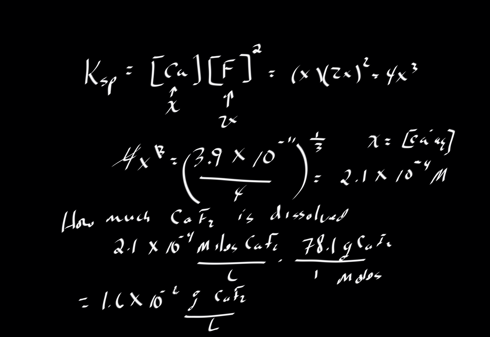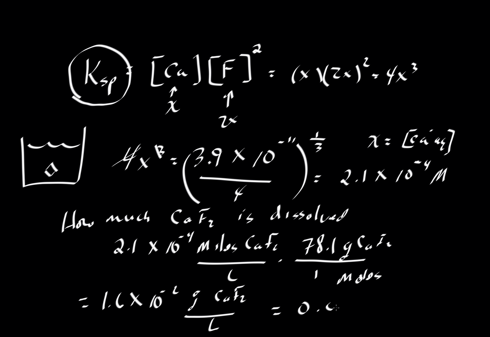This is a really important number to us, because it really tells us whether or not this number applies at all. So long as we put into our container of water more than 1.6 times 10 to the minus 2, or let's just write it out as a decimal, 0.016 grams, so long as we have more than 0.016 grams of fluorite put into the solution, then not all of it will dissolve.